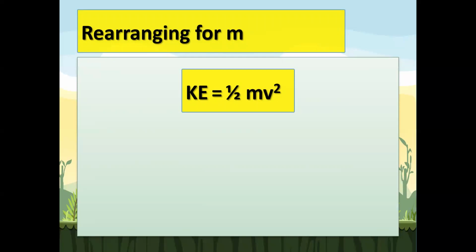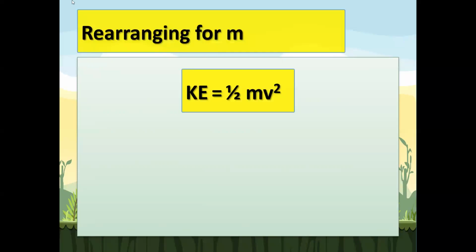Okay, so we have this formula. What we're going to do here is make M the subject. Let me write it this way, that makes it easy for you to understand.